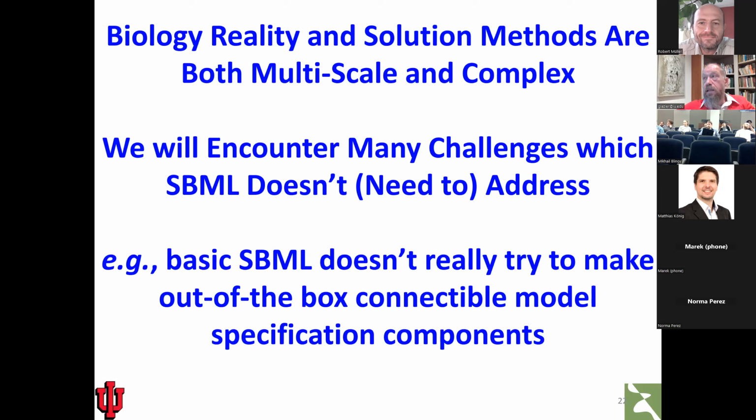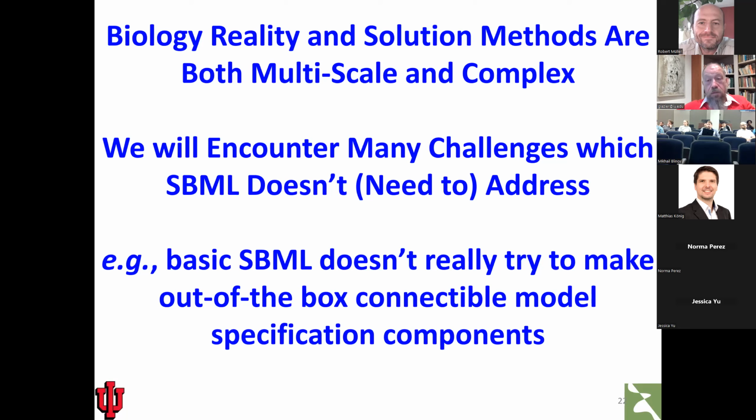The biological reality doesn't make life easy for us. Many of the problems that we have to face here are not ones that SBML really, at least core SBML, has addressed. In particular, core SBML really doesn't try to think about interconnecting models that were built independently.